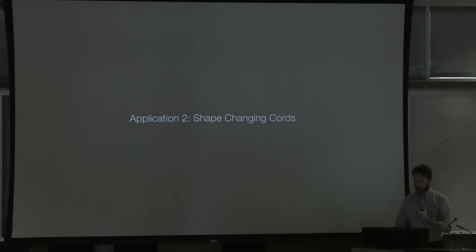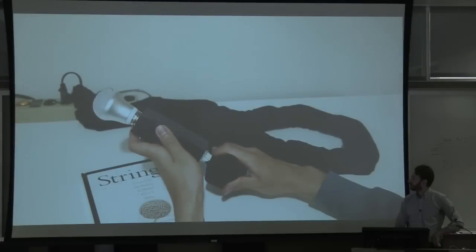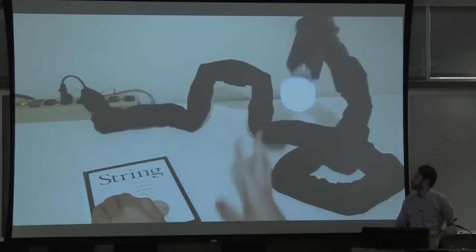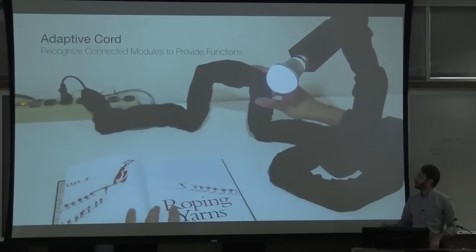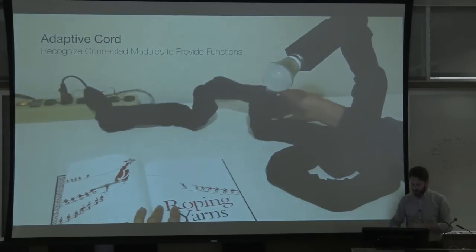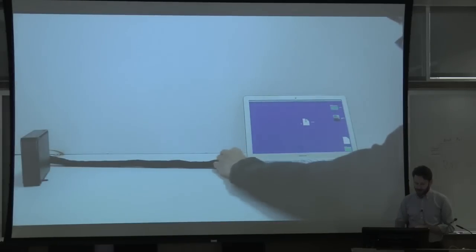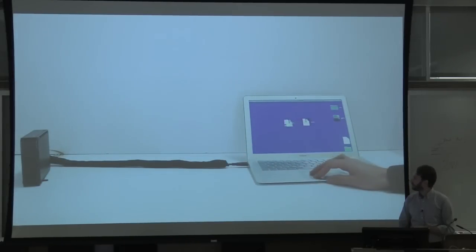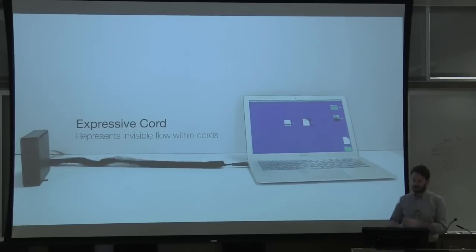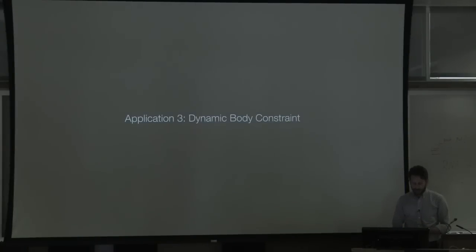Or we can use the shape to convey information. For example, you could have a shape-changing cord. Here it's more about affordances again, where you can have this lamp where the actual cord is changing. Or you could display information through it, as in smart tables that express things. Again, the idea is to think about the ways that we could use this in our daily lives.